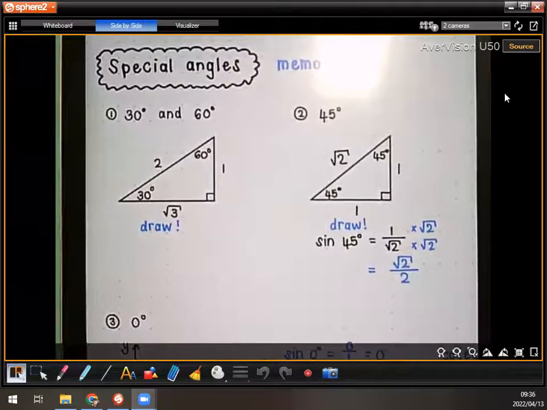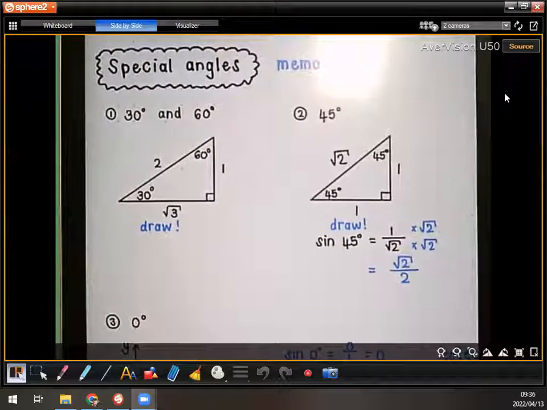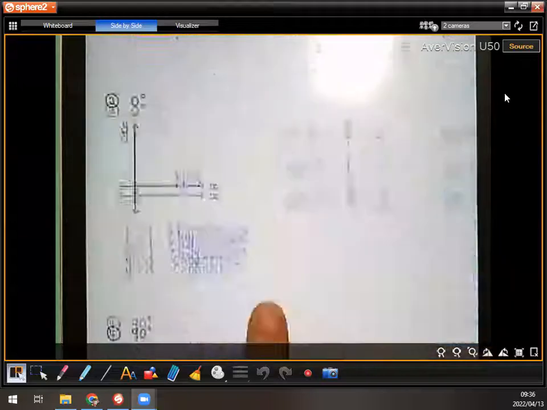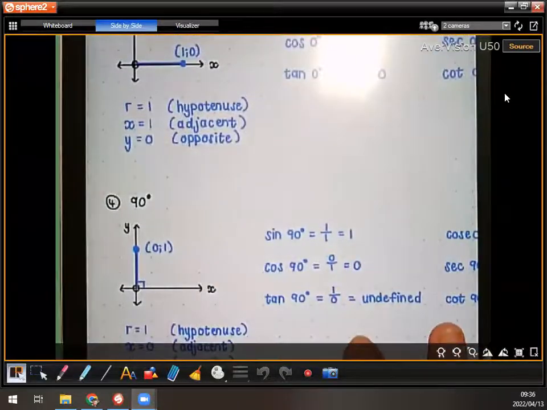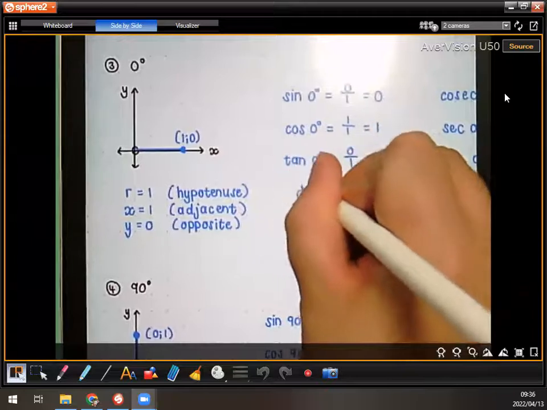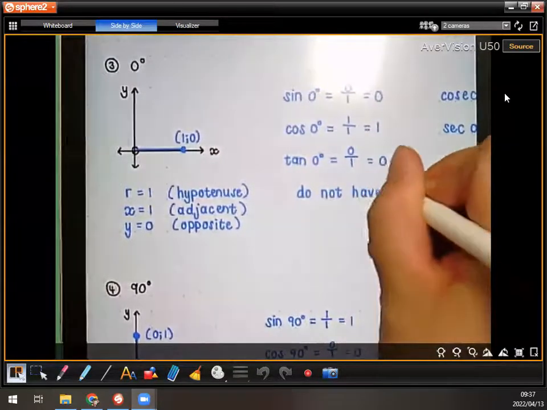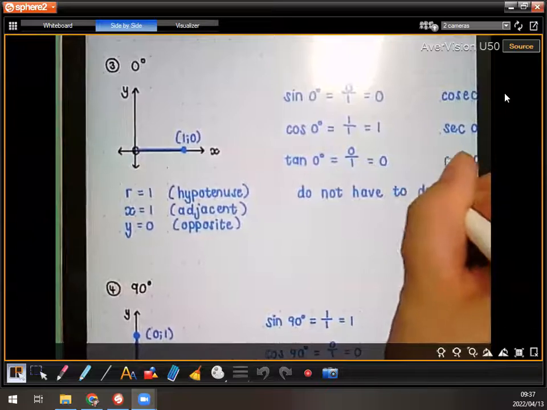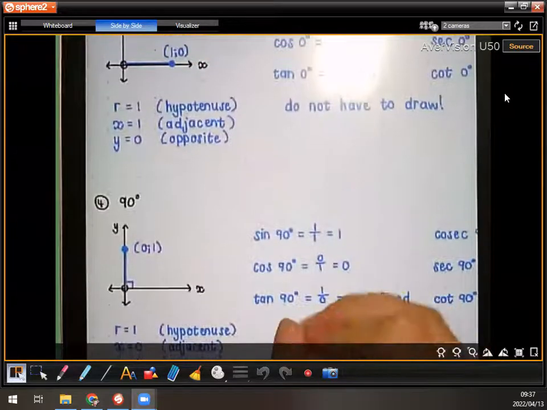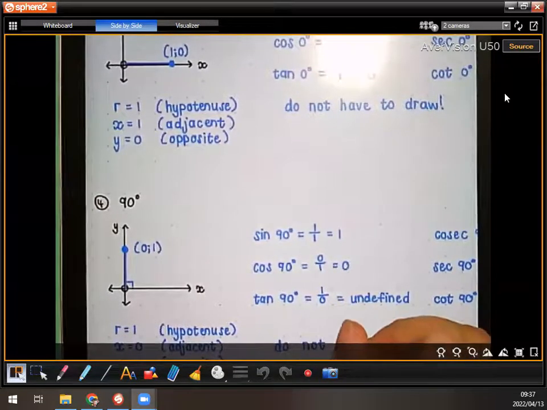The 0 and the 90, you do not have to draw. In a test, if they ask about 30, 60, or 45, you have to draw those triangles.